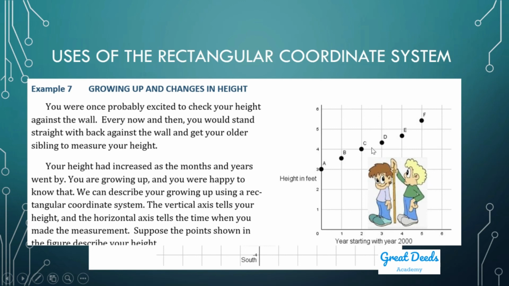Each of these points represents your height measured at a particular year. Whenever you see information presented this way, magnitudes that change over a period of time, that information is what you call a time series: a series or sequence of observations that vary over a period of time.